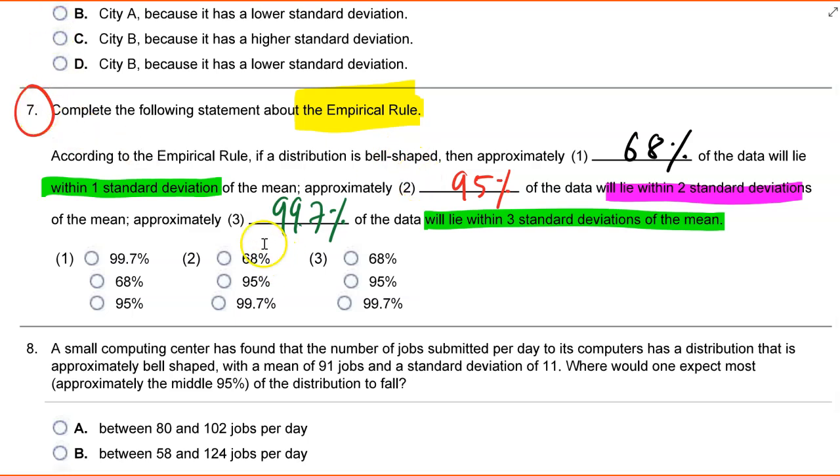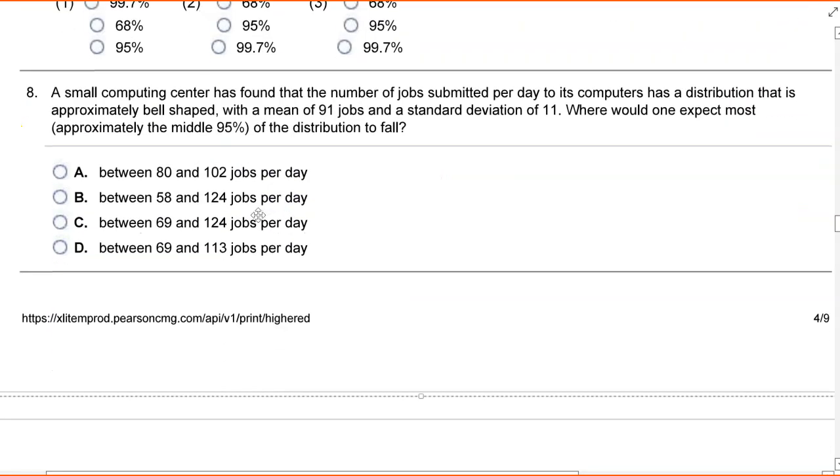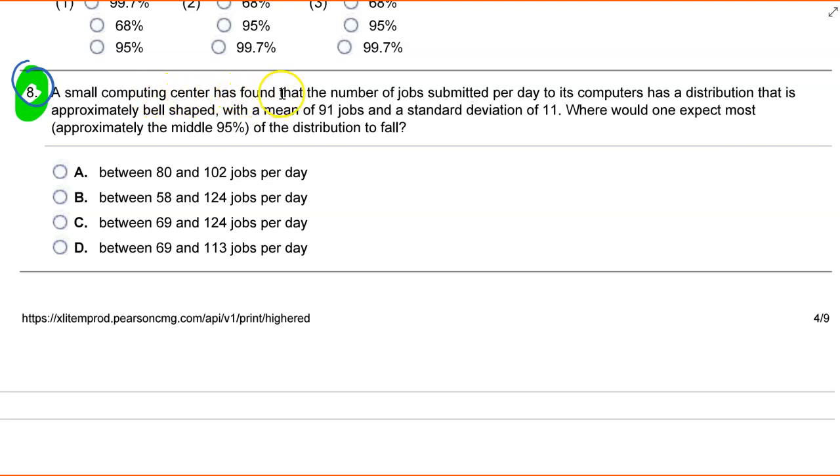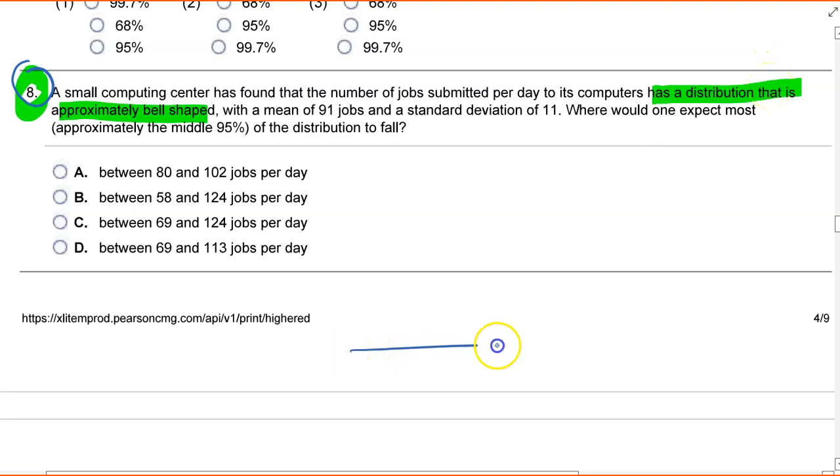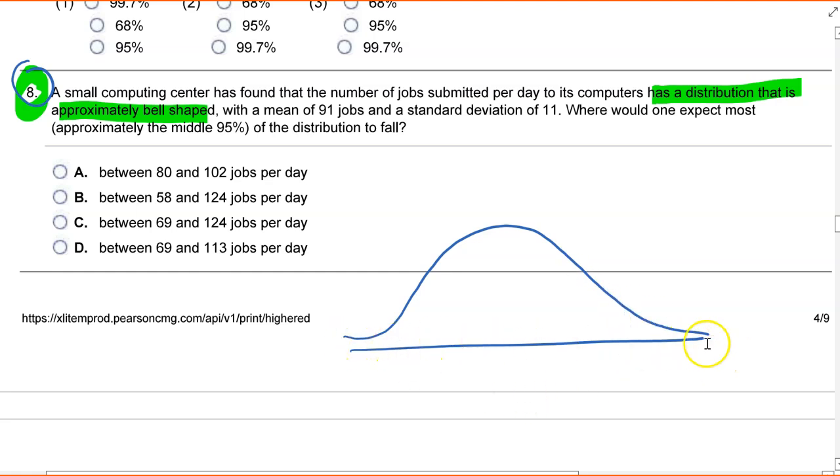Okay, question number 8. A small computing center has found that the number of jobs submitted per day to its computer has a distribution that is approximately bell-shaped. Since the distribution is bell-shaped, I just make a bell-shaped curve like this. And here on this line you have the data.